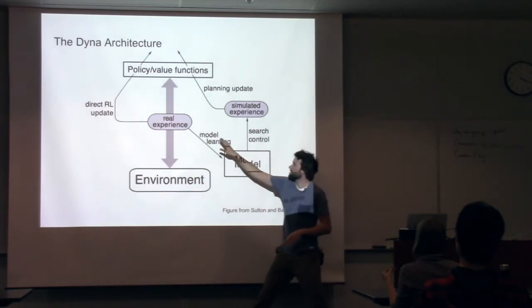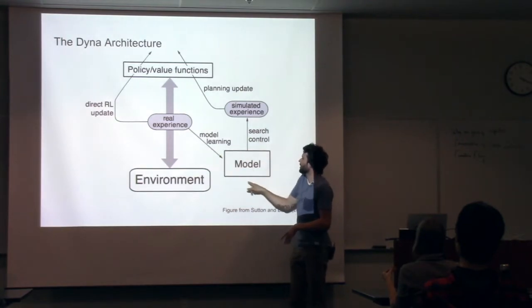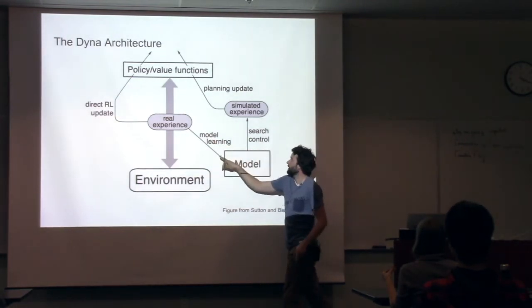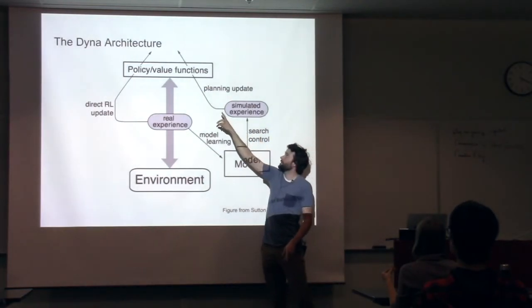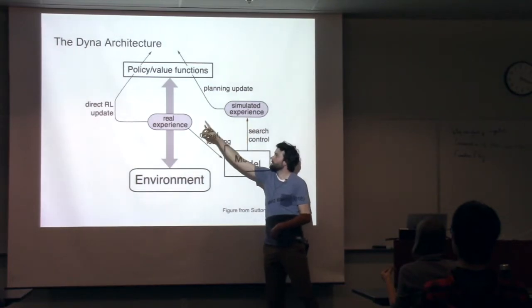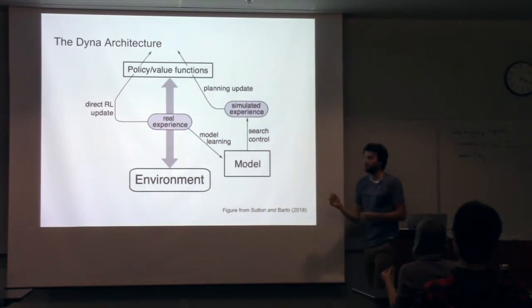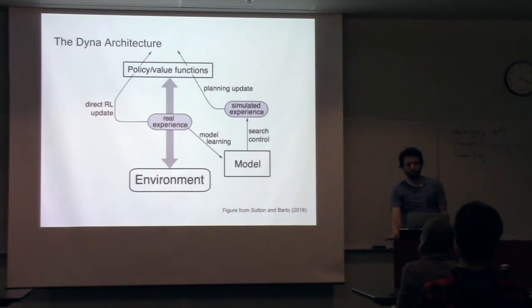But in addition to this direct RL part, it makes use of a model, which is usually learned online, to generate simulated experience. This is then used to update the policy and value function in the same way as the real experience. An example of an instantiation of this is the Dyna-Q algorithm, which combines tabular Q-learning with Dyna.